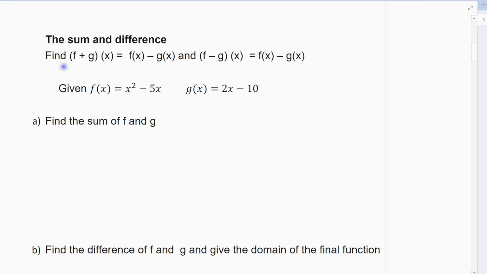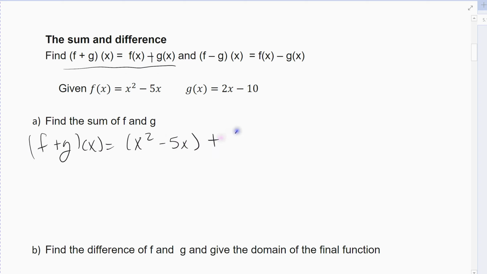We want to find the sum, so that should be a plus there. I want to find f plus g of x. It's just take f of x and add it to g of x. So x squared minus 5x, add to it 2x minus 10.